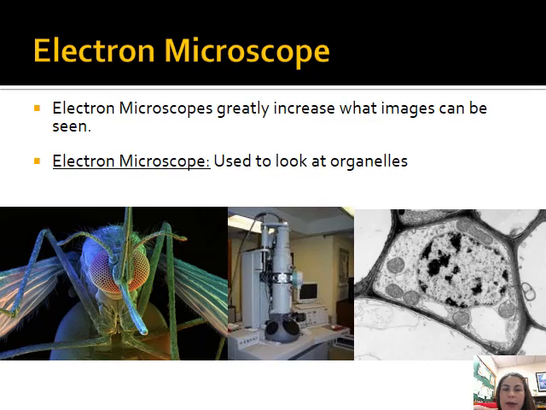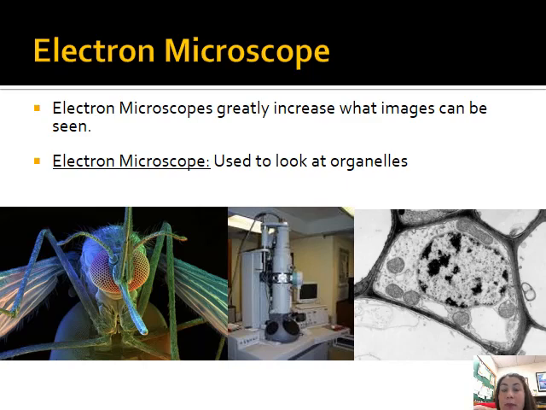As time went on, science really expanded their exploration of cells and cell biology. And in order to get more information, technology had to advance as well. So the invention of the electron microscope enhanced our understanding of cell biology because it allowed us to now not only look at cells, we now could look at the tiny structures found inside the cells called organelles, which actually means tiny organs.